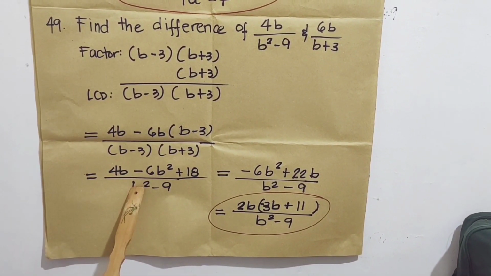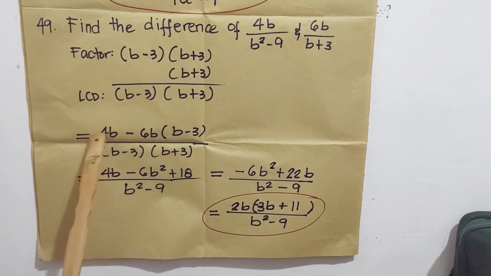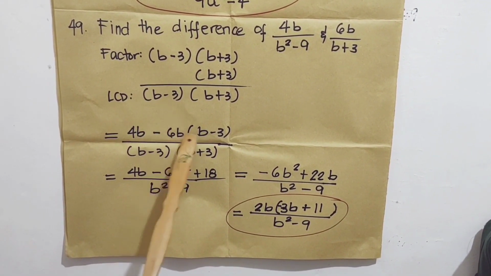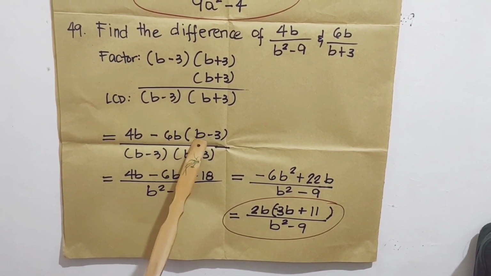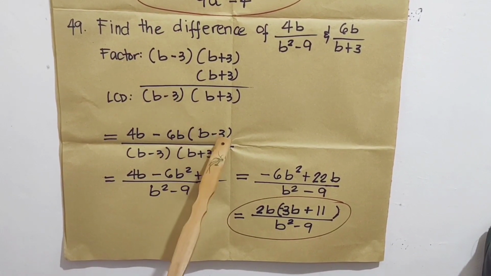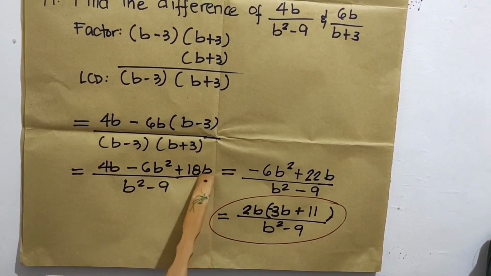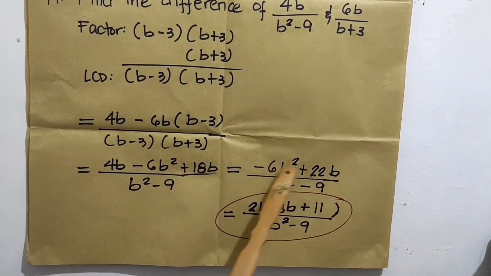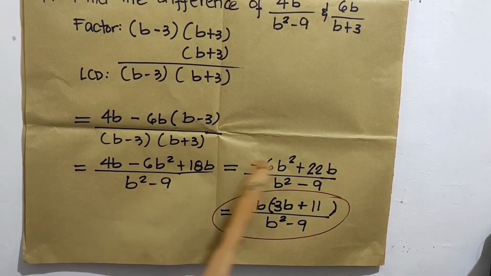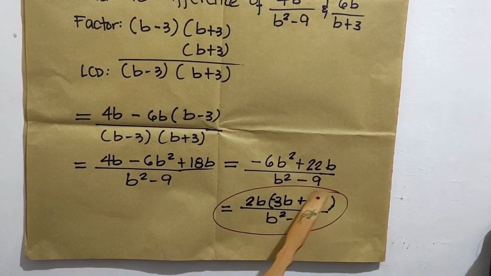Then for this numerator, now we're going to simplify. We are going to multiply negative 6b times b, we have negative 6b squared, and negative 6b times negative 3, so we have positive 18b. Simplify again, we have negative 6b squared, then 4b plus 18b equals 22b, copy the denominator, b squared minus 9.